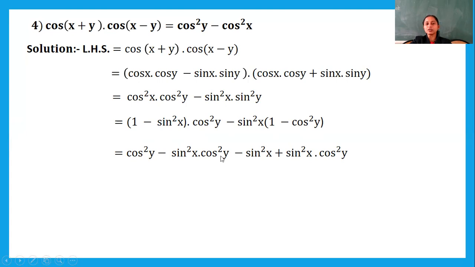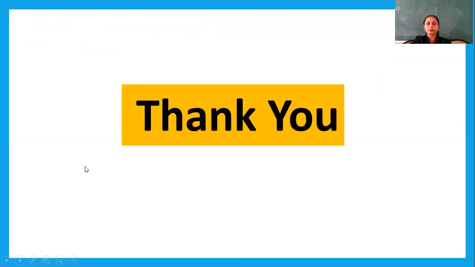Now sin square x into cos square y get cancelled, and remaining terms are cos square y - cos square x. Okay. Next. Thank you. Hope all of you understand this.